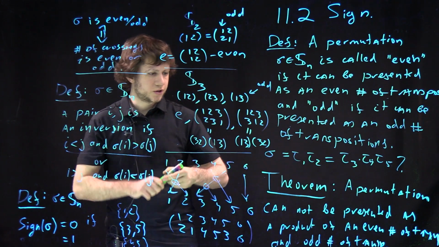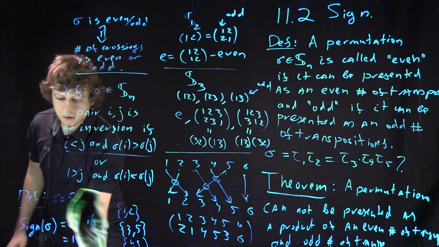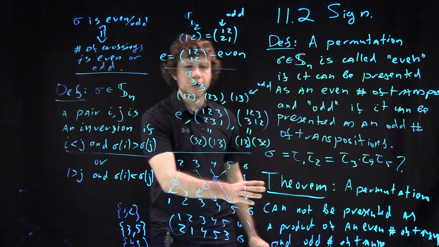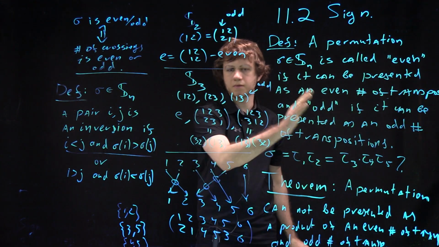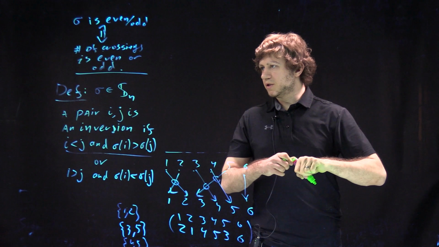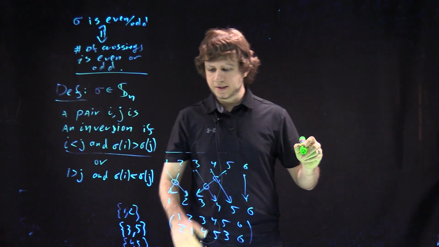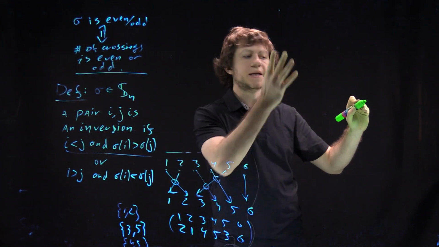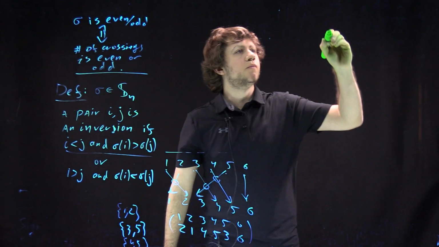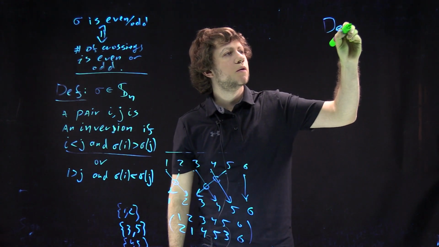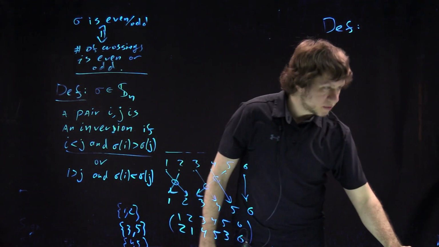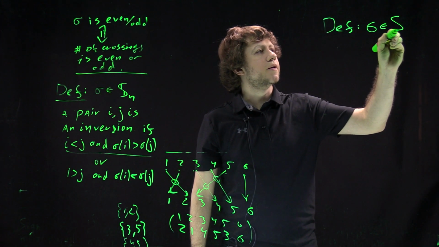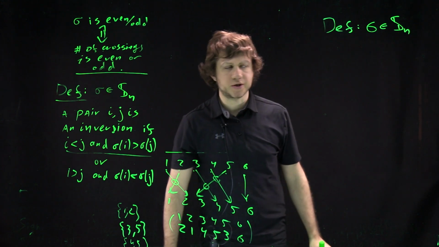Sorry, let me do this definition there. So now I will erase this part. Okay, so now I will actually do real definition, real proof, and then I will derive the theorem below. So definition. So let's suppose that sigma is inside Sn, our permutation.